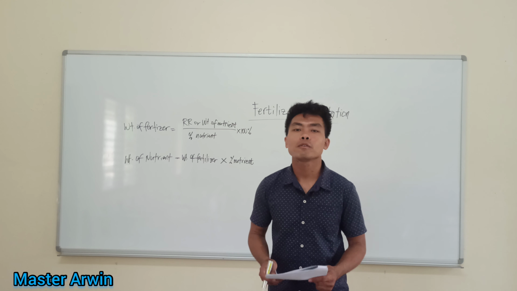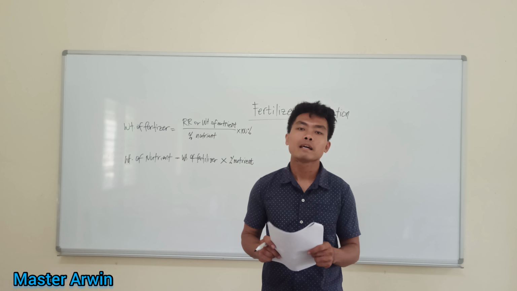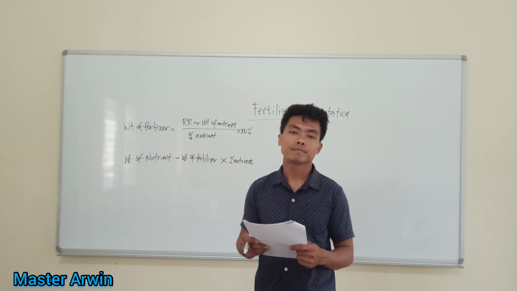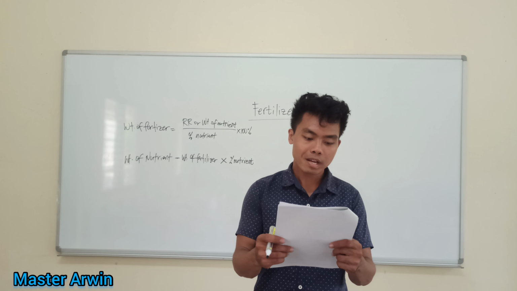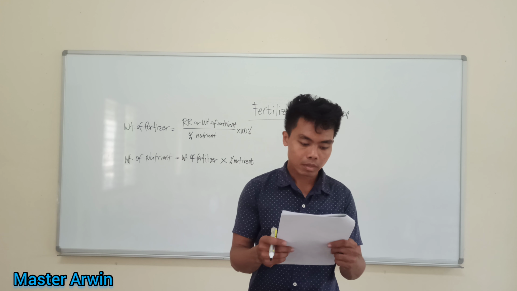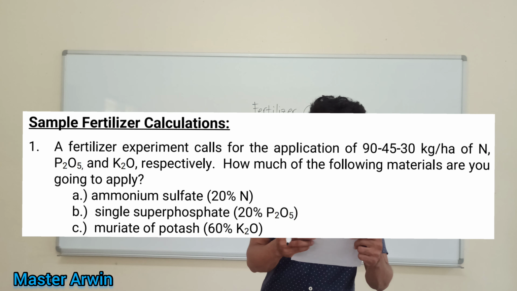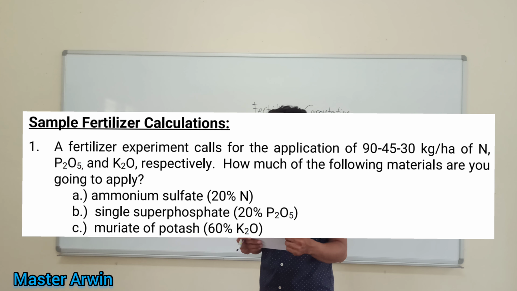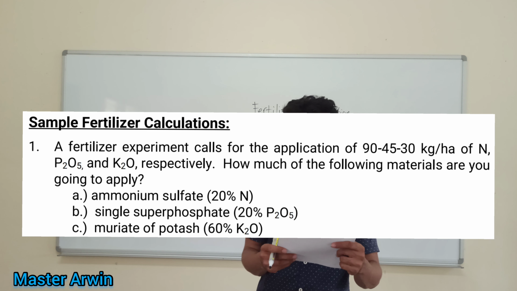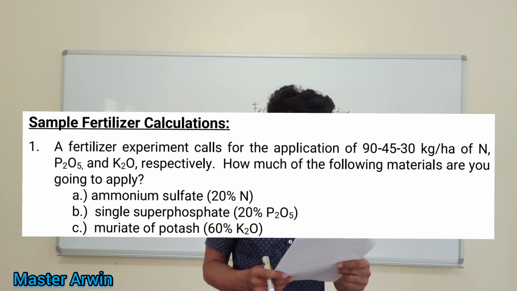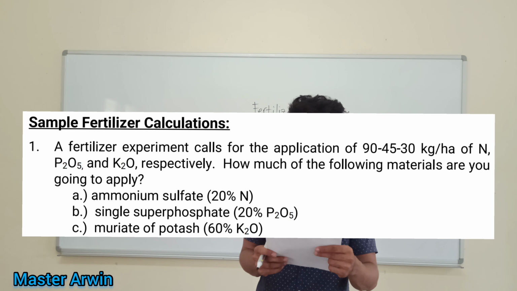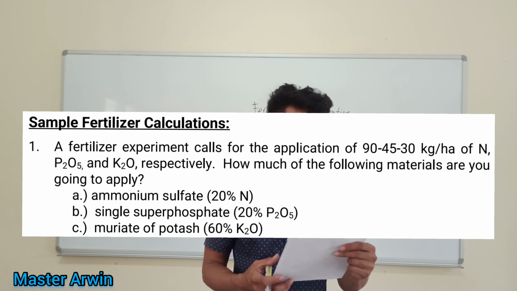Okay guys, so let's start our sample fertilizer calculation. So we have this problem. A fertilizer experiment calls for the application of 90, 45, and 30 kg per hectare of nitrogen, phosphorus, and potassium respectively.